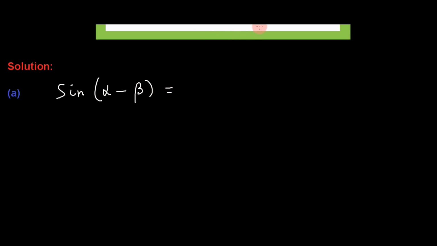Now, we're going to use a co-ratio. We know that the sine of theta is equal to the cos of 90 degrees minus theta. So then applying this co-ratio here, we don't have theta. We have alpha minus beta.